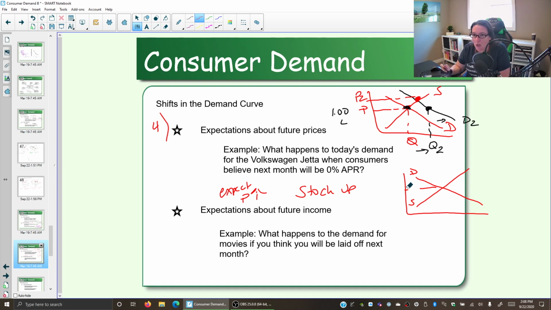So that means your current demand, right, if we're all not going to go and buy cars now, we're all waiting, then what's currently happening is that at the current price, the quantity being sold is less. So if we are all anticipating a price to fall, then demand will decrease and it will actually drive the price down. All right, number 5.